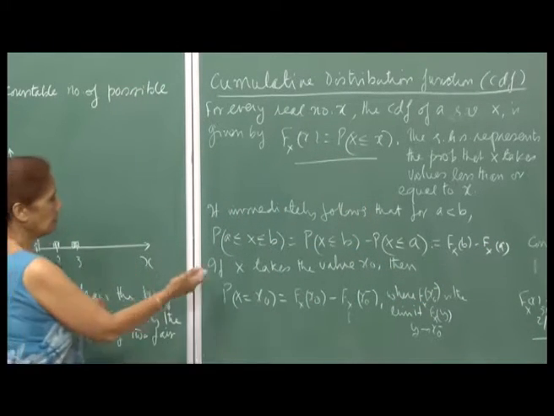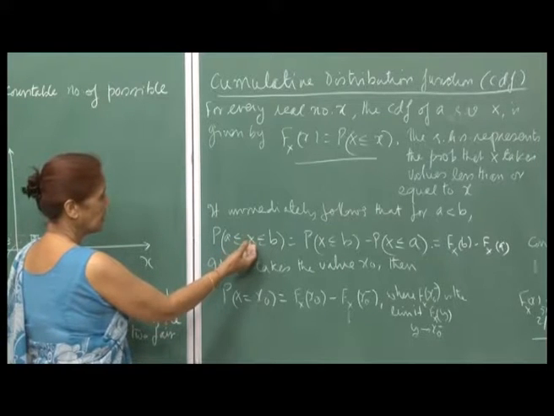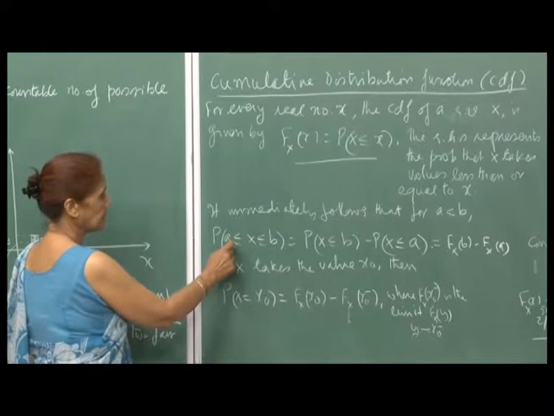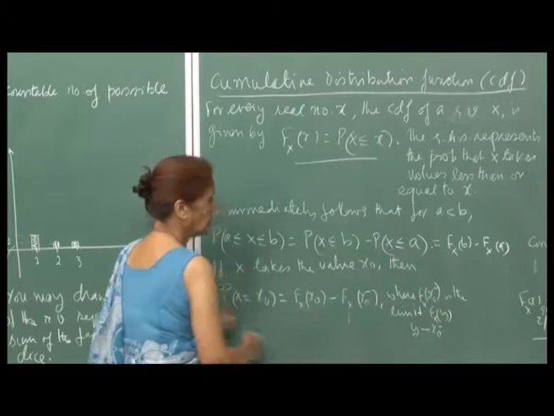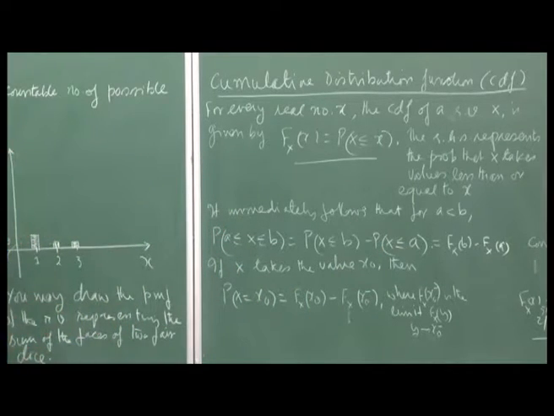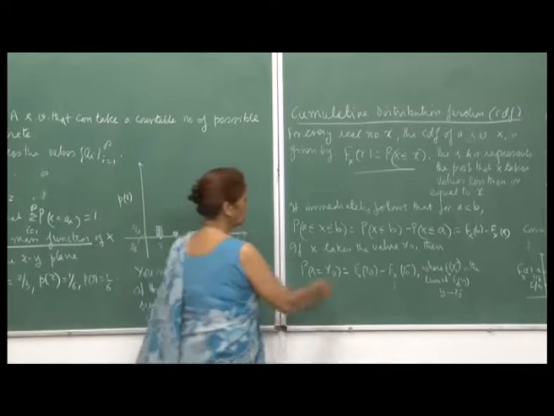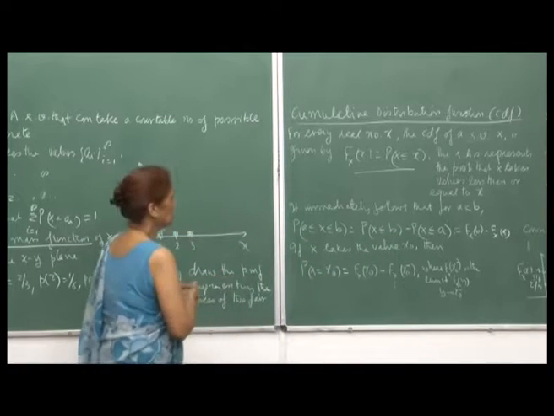So, you can immediately see, because here this actually is equal to the event that X is less than or equal to b and X is greater than a. So, X greater than a is the opposite of X less than or equal to a. So, therefore, minus X less than or equal to a.